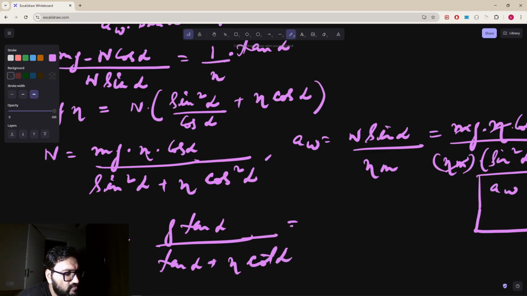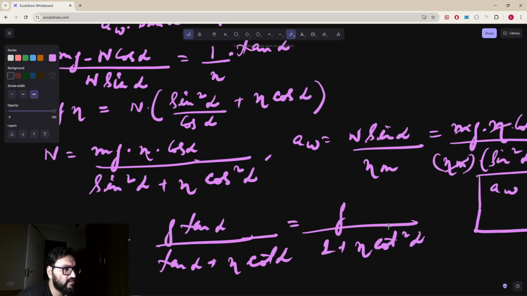Okay, this can further be written as g divided by 1 plus eta times cot square alpha. Okay, so this is the value of AR.